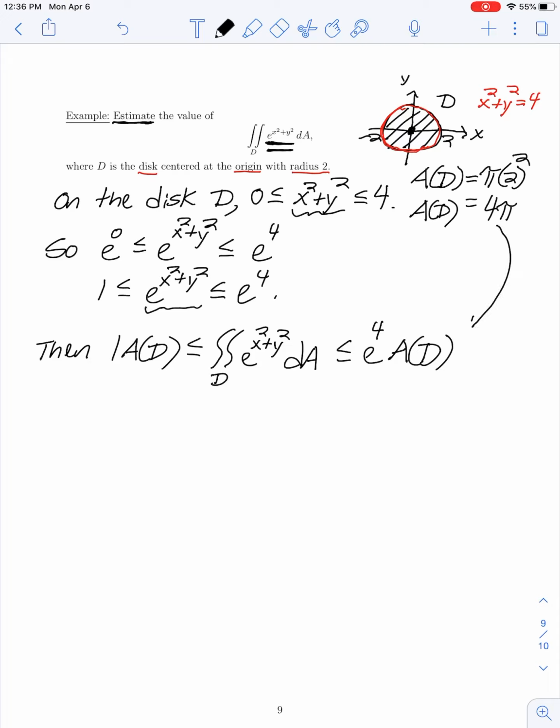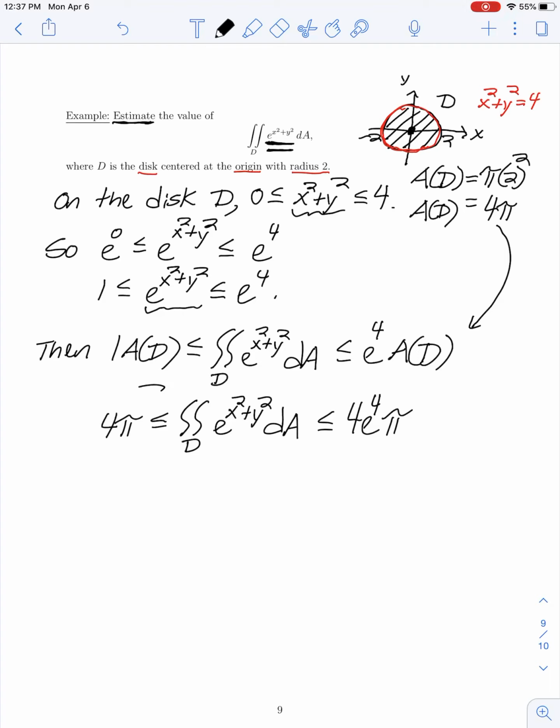Substituting that into our inequality, we have 4 pi is less than or equal to the double integral of e to the x squared plus y squared over the region D, which is bounded above by 4e to the fourth times pi.